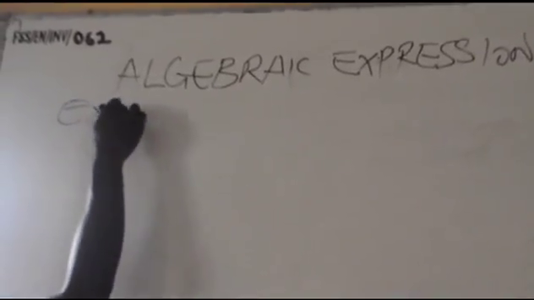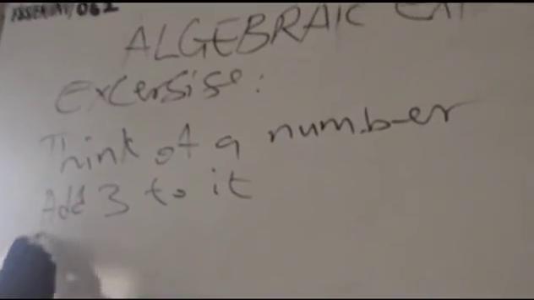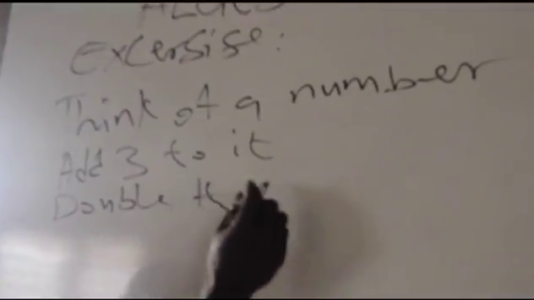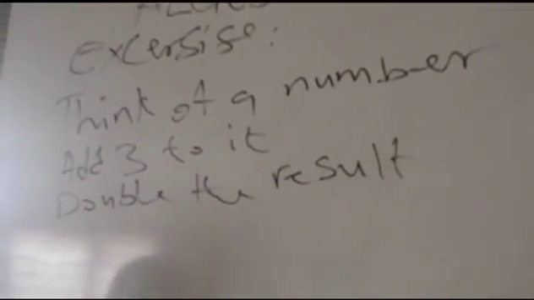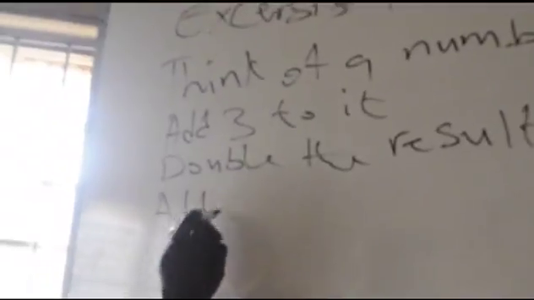So now let's take this exercise. So this is the algebraic expression. So exercise. First, think of a number. Add 3 to it. Double the result. Now, add the number you first thought of.